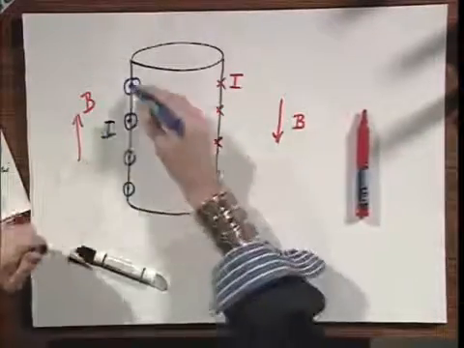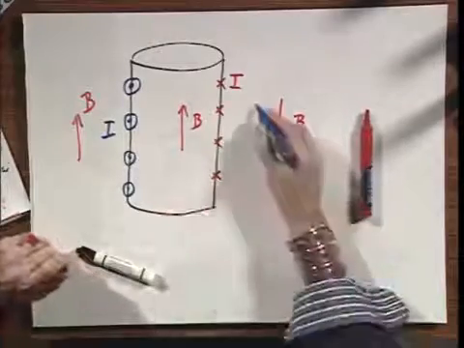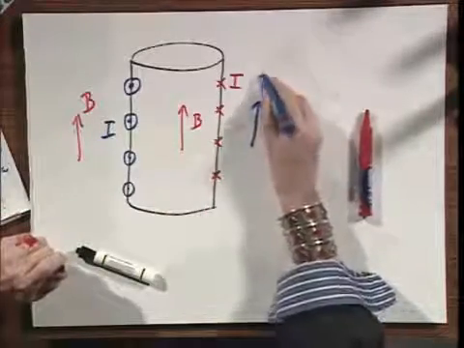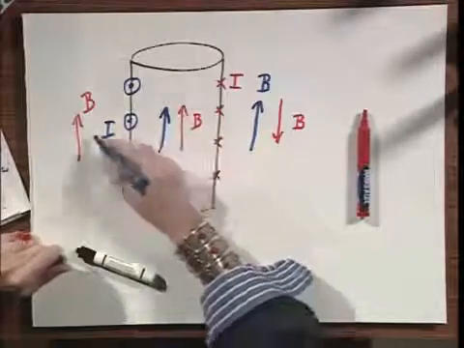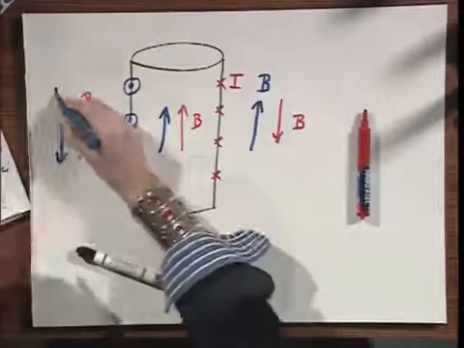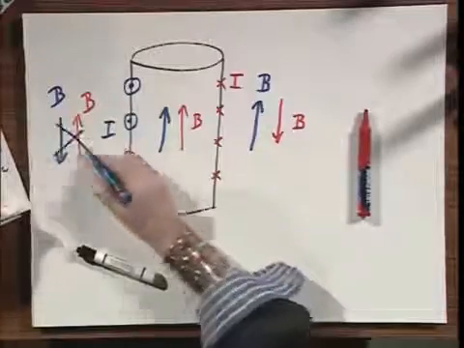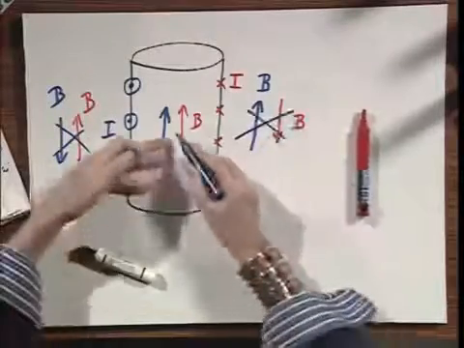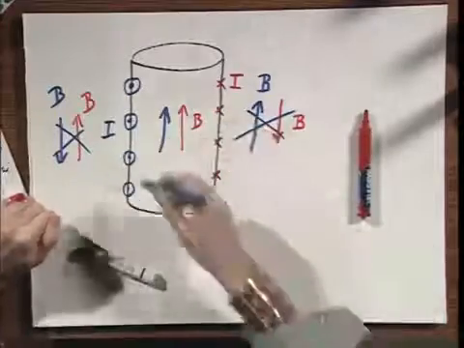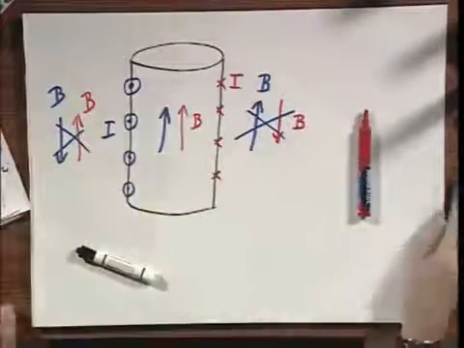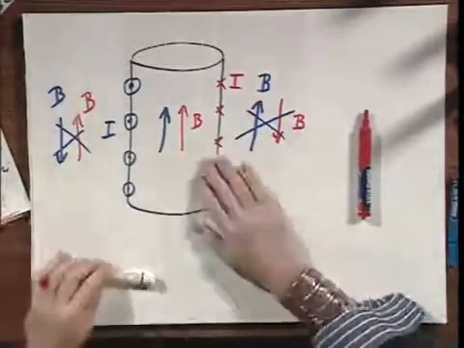I can do the same for this current. The B would now be pointing upwards. The B here would also be pointing upwards, but on the left side the B would be pointing downwards. And you see that you get outside 0 and that inside the two magnetic fields, due to this current going into the paper and this current coming out of the paper, support each other.